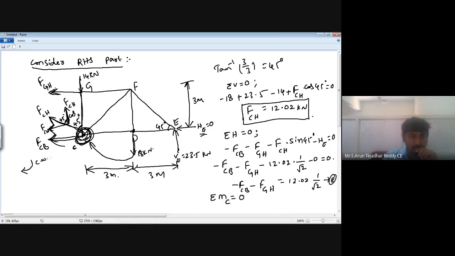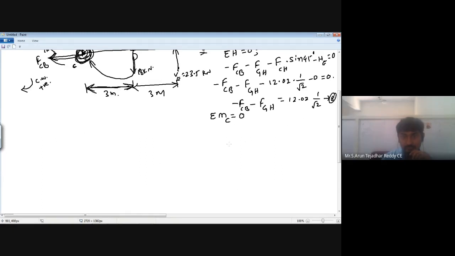Take positive value, with the perpendicular distance from D to C being 3 meters. So 18 into 3. Next step.